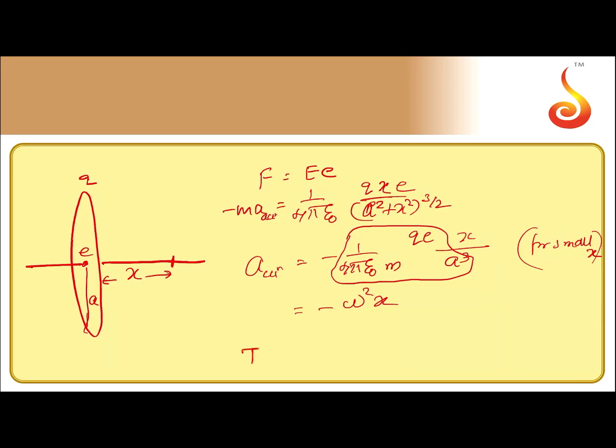So, once the value of omega square is known, you can find out the time period by 2 pi by omega, or the frequency of oscillation. Omega can be found out here, and f is given by omega divided by 2 pi. So, you can substitute here, and omega square is equal to 1 by 4 pi epsilon naught QE divided by m a cube.